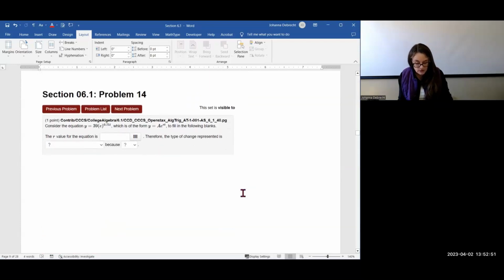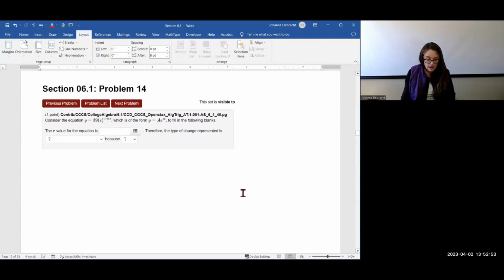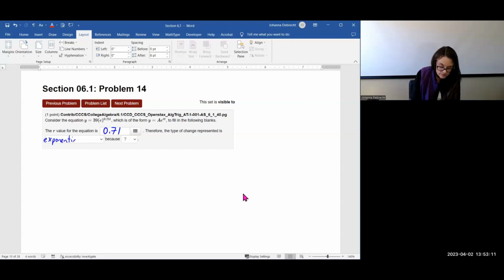Okay, let's take a look at this problem right here. y equals 39 e to the 0.71t. So our growth rate, the r value, is 0.71, which is going to be exponential growth because it is positive.